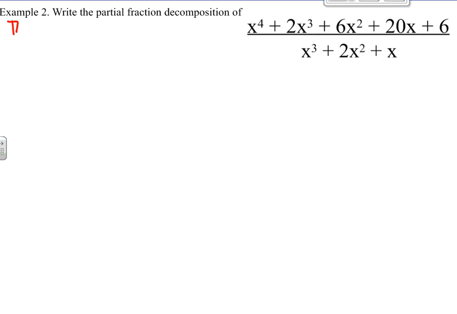So I'll write myself a note. This is an improper fraction, so divide first. And when we divide it, we're going to get that whole part, and it's important at the very end not to forget about the whole part.